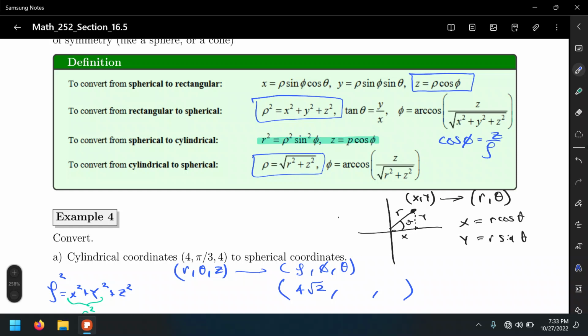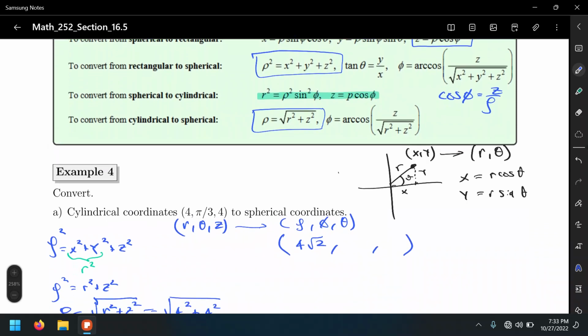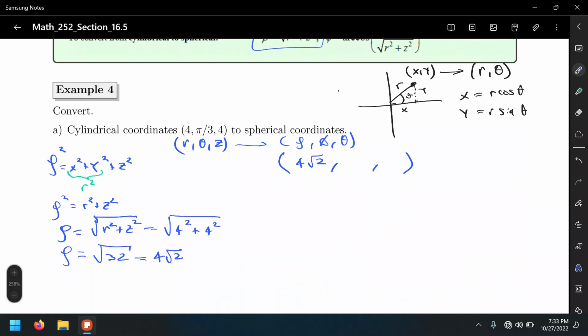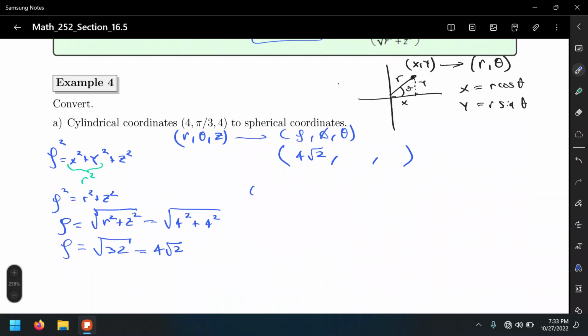Again, I'm going to use this formula to get phi, and that's arc cos of z over the square root of x squared plus y squared plus z squared. But what's x squared plus y squared given cylindrical coordinates? Isn't it r squared again?